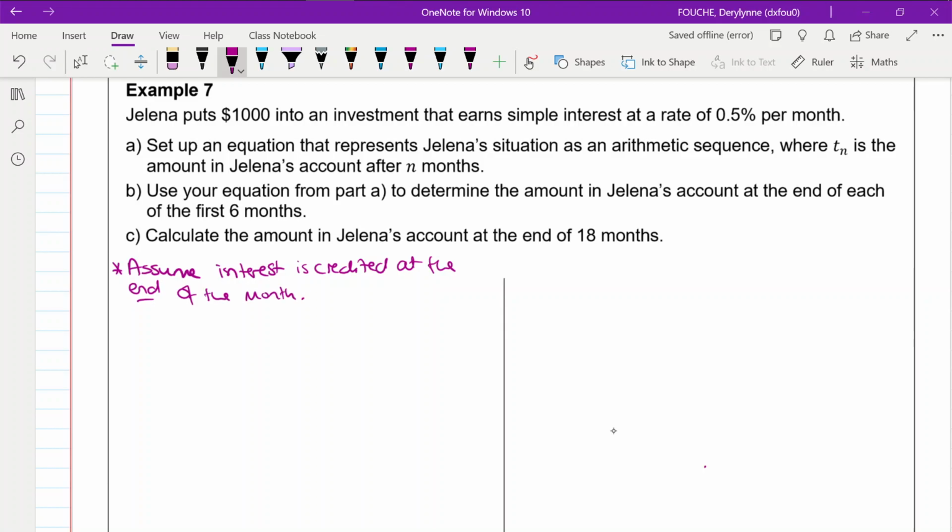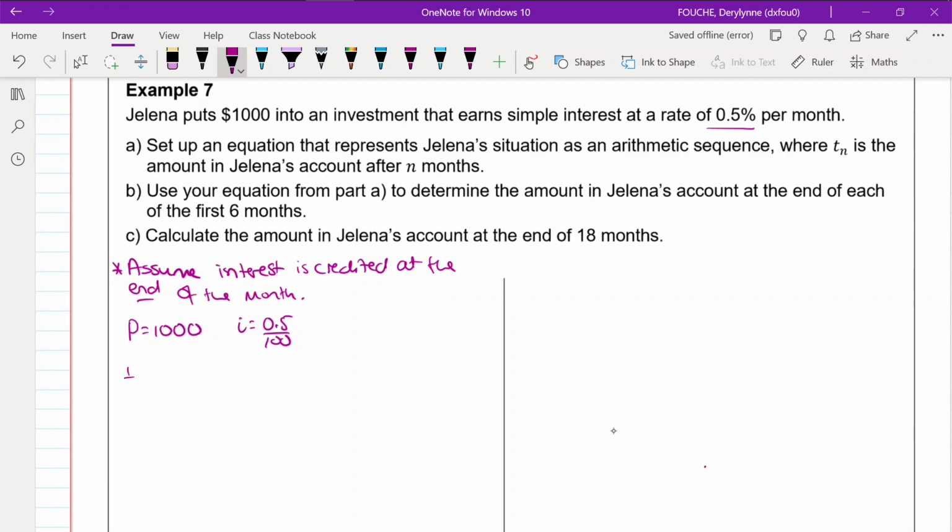This means that my first term will have to be whatever is in my account at the end of the first month. Okay, so I can work that out because I know that my P is 1,000. My interest rate is going to be 0.5 over 100, and she's getting that per month, so I don't need to turn it into a monthly rate.